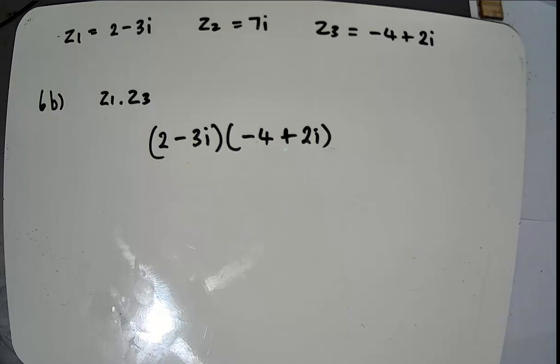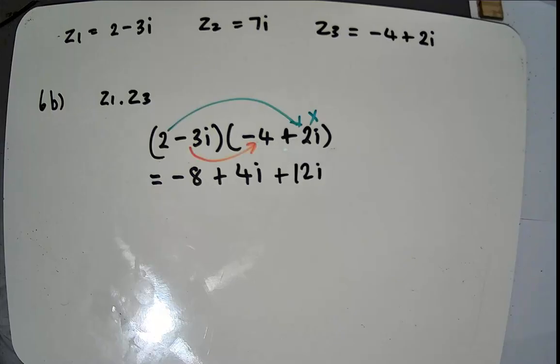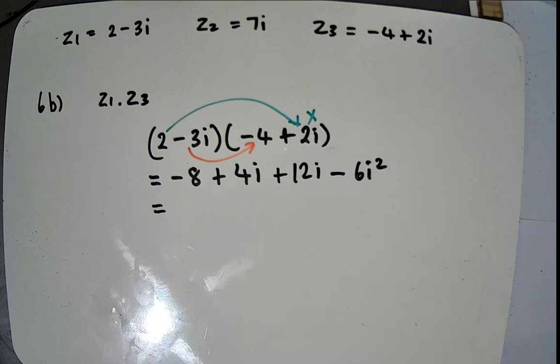Next, we use the FOIL method. 2 times minus 4 is minus 8. 2 times 2i is plus 4i. Minus 3i times minus 4 will give me plus 12i, and minus 3i times a positive 2i will give us minus 6i squared. Notice wherever I see i squared, I will substitute minus 1, but you do have like terms in the center.